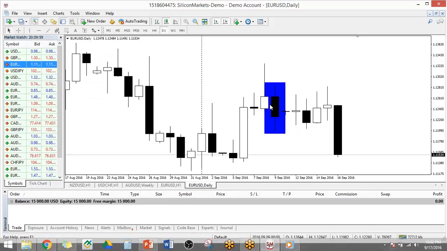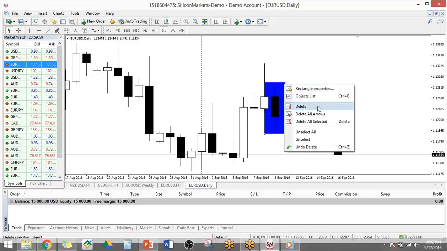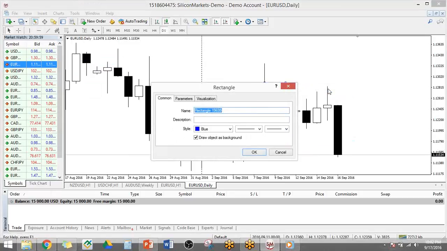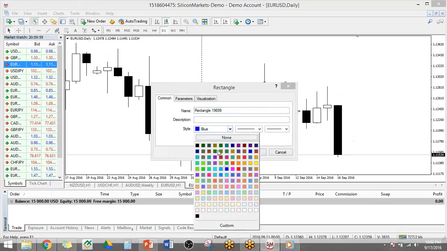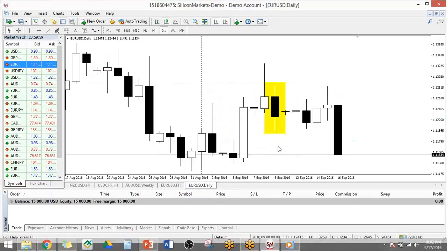Okay, so let's talk about this particular candle over here. Let's change the color so that it's more pleasing to see. Alright, so there you go. The candle started over here at this particular price level, 1.12640.